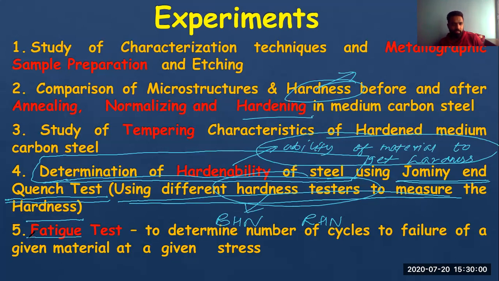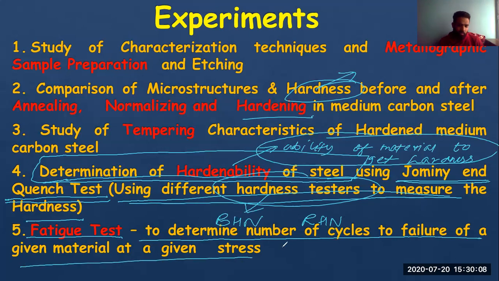Last one is the fatigue test. I have already told you, the fatigue test determines the number of cycles to failure of a given material at a given stress. Suppose this is my bottle. Suppose this shaft is rotating and this shaft is also loaded at both points, and the load is tensile load. If it is rotating as well as under tensile load, what will happen after a sufficient number of cycles? This bottle may fail due to fatigue. Fatigue is repeated cycling load; that load is called fatigue load.